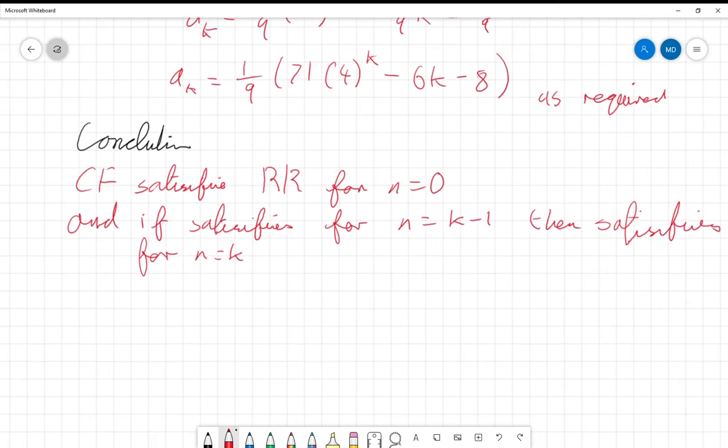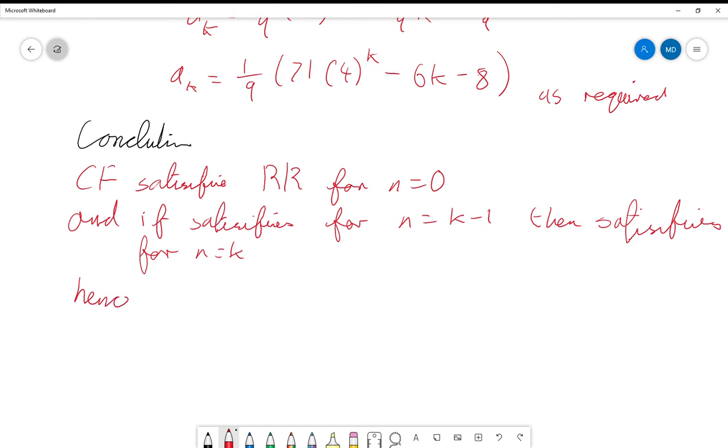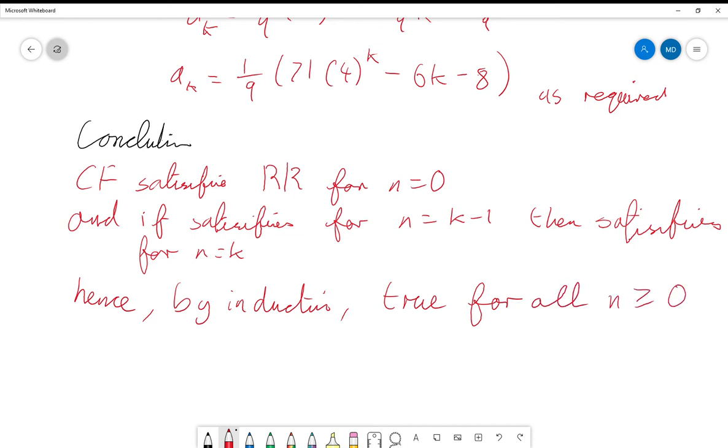Hence, by induction, it's true for all n greater than or equal to 0. And it can be equal to 0 here because we started at n equals 0 rather than starting at n equals 1.